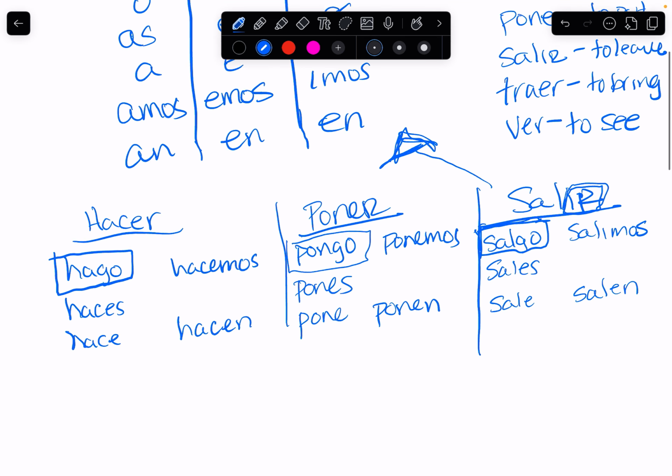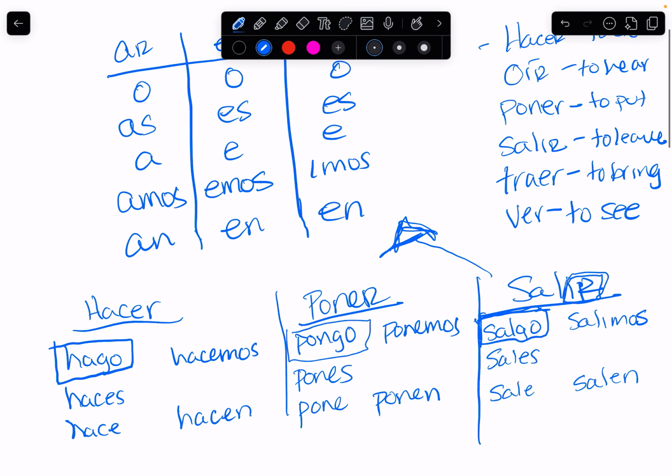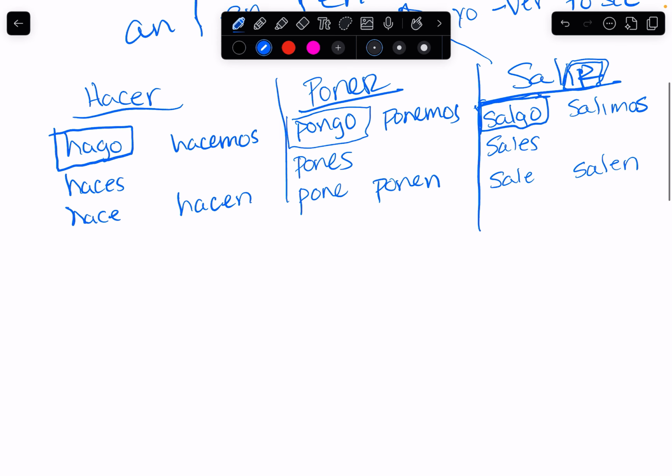That's all this is. So you have hacer, that has the yo form that's irregular. Poner, the yo form. Salir, the yo form. Traer, the yo form. Ver, the yo form. And oír has multiple. So how do you conjugate oír?